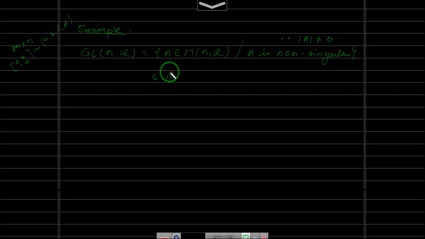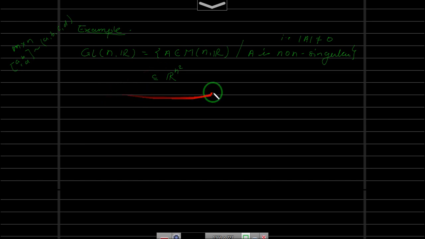So this will be homeomorphic to R^(n squared), and GLnR is a subset of R^(n squared), n into n. We need to check whether GLnR is connected as a subset of this or not.